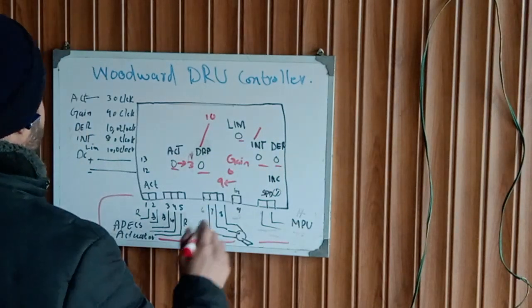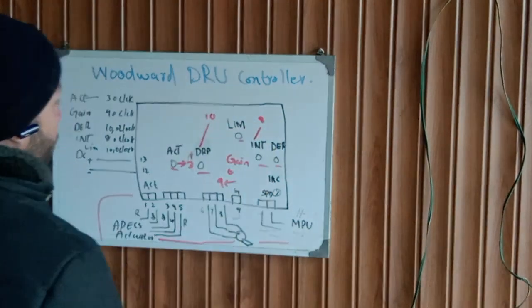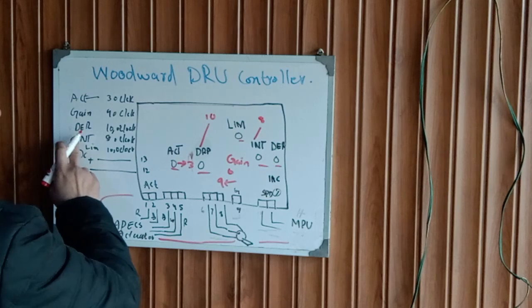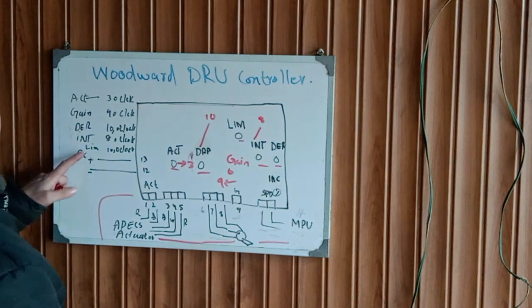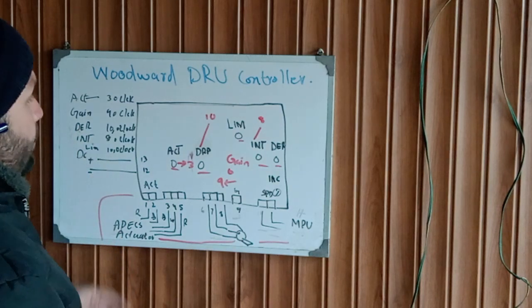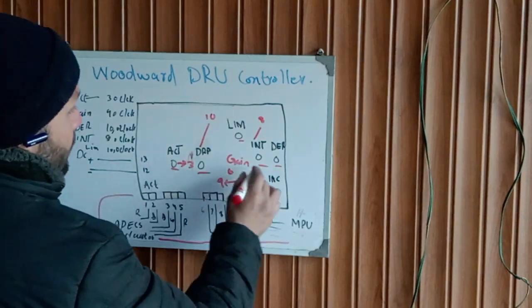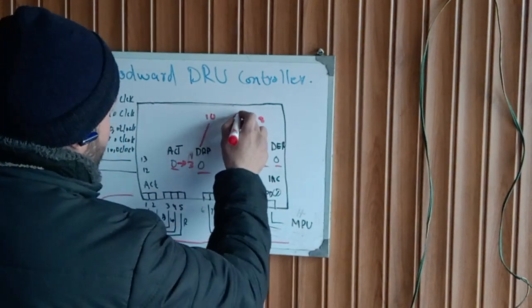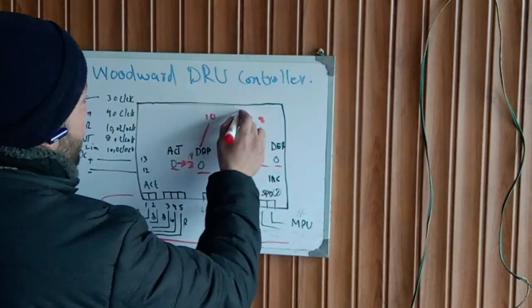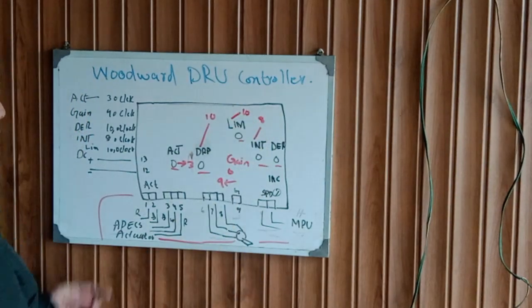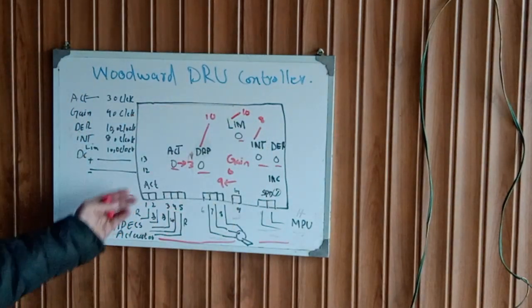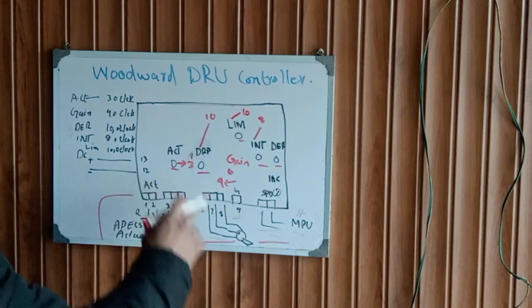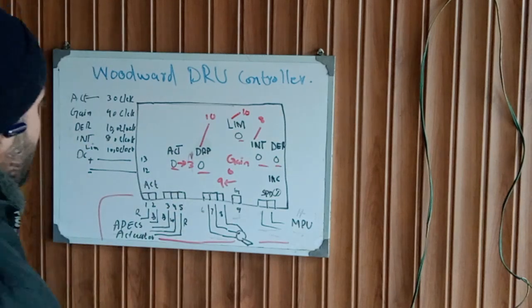Set the enter to 8 o'clock and set the limit, that one, to 10 o'clock. This is the setting of the digital reference unit Woodward controller.